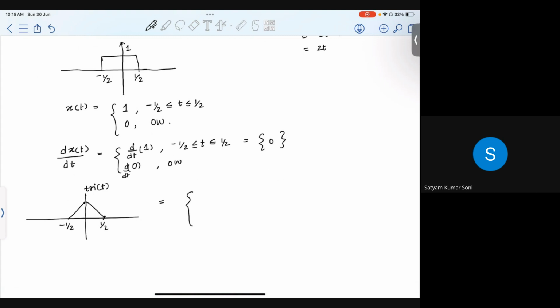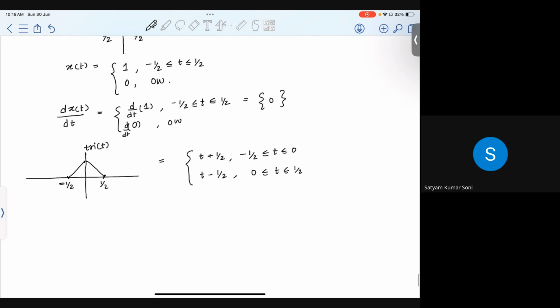At plus half you have 0, so it is t plus half when t is between minus half and 0, or t minus half when 0 is less than or equal to t less than or equal to half. When you take the derivative of the triangular signal, you have to differentiate it part by part.